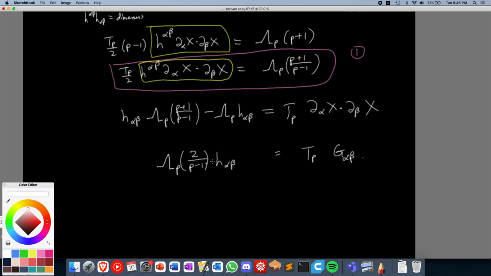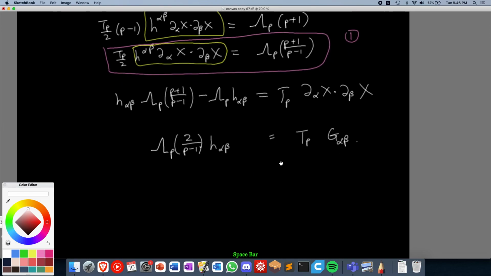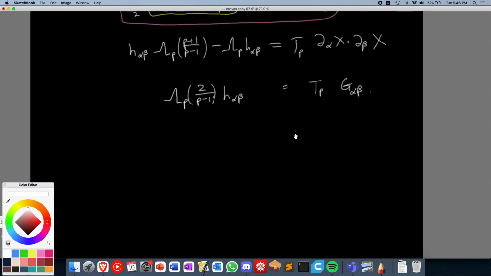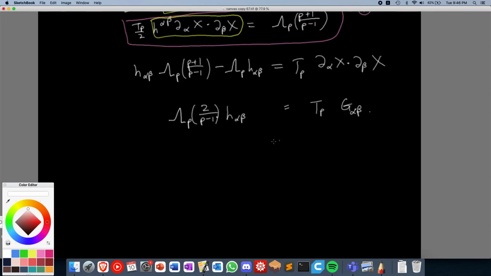Okay, so from here we are almost ready to substitute it back into the Nambu-Goto action. So before that, let's take a square root and then the determinant on both sides, so we take the minus determinant and then the square root. Before that, let me bring the Tp over to one side.